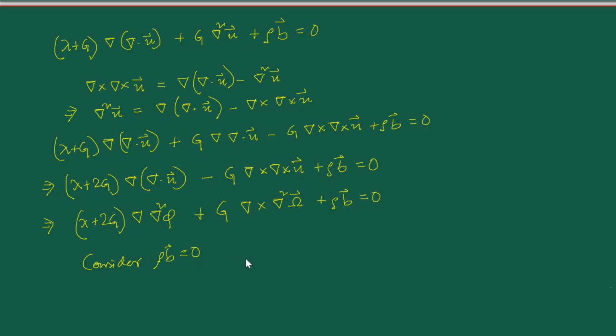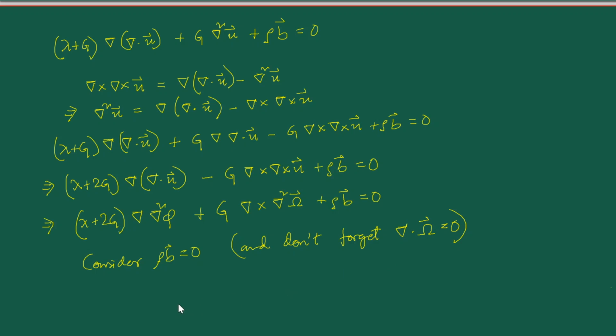But at the same time, let us not forget that we have already assumed that the divergence of omega vector is equal to 0.